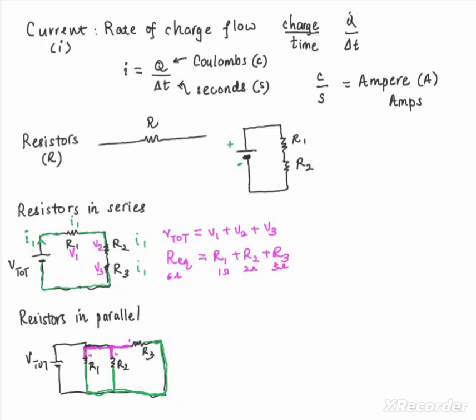The difference between series and parallel is that when we are looking at the V total, they all get the same V total. So this is V total, V total, and V total. But what is different is the current. Let's say we have I1 here.